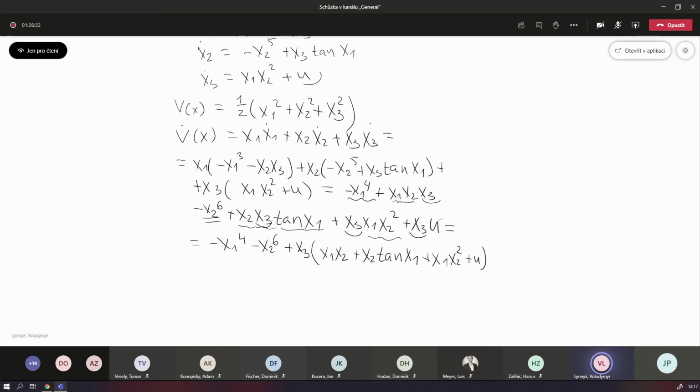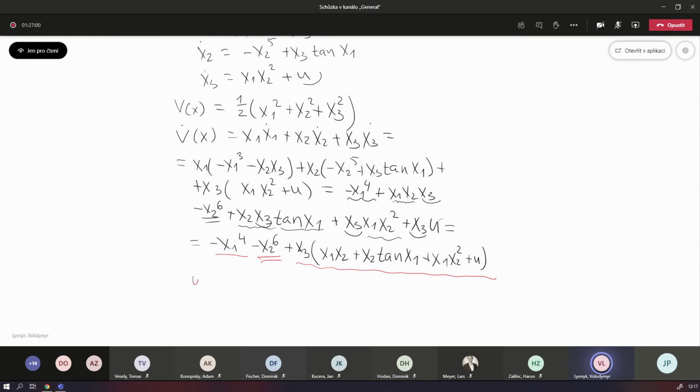Here we have minus x1 to the fourth degree, minus x2 to the sixth degree, and here we need to do something, so we have x3 in some degree, for example second degree, minus x3 squared.